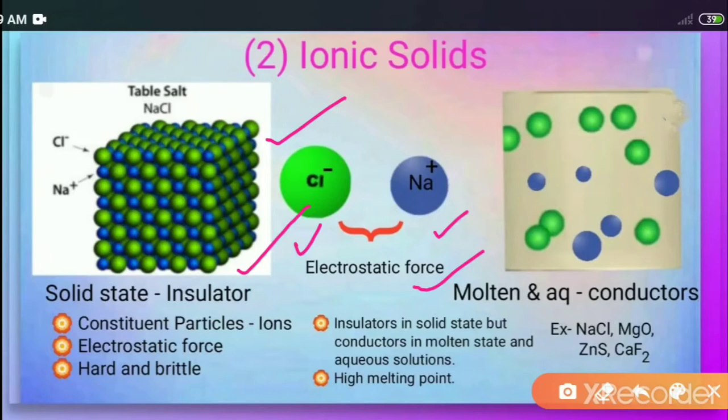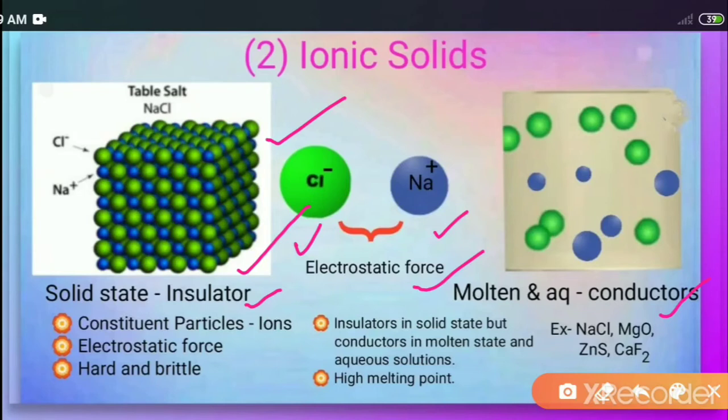You can see the three-dimensional arrangement of the cations and anions, which is shown in two different colored balls, that is Na plus and Cl minus. And we know that common salt, which is an ionic solid, acts as an insulator in the solid state, but they are conductors in the aqueous or molten state.